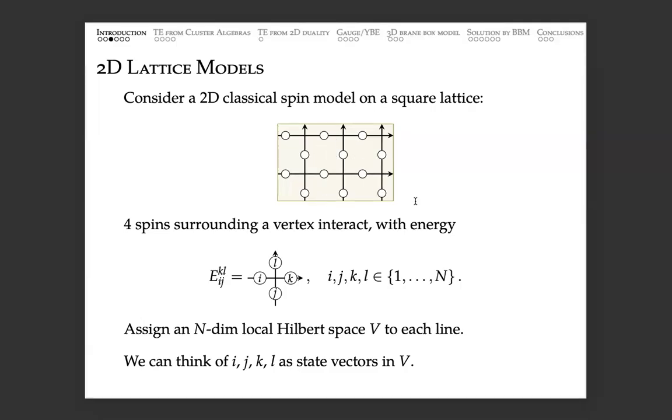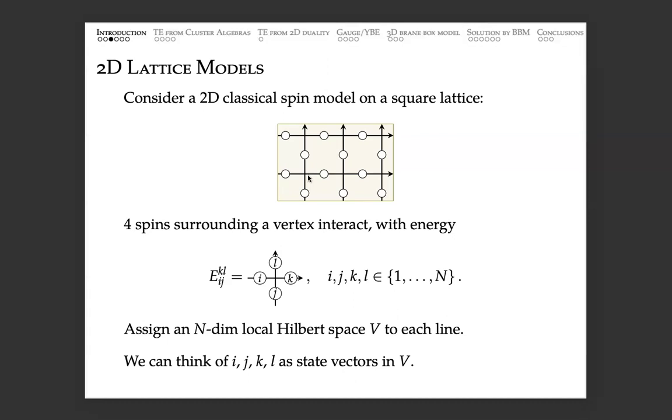Now I'm going to consider something called the vertex model. These spin variables live on the edges, and four of them surround a single vertex. Each vertex is surrounded by four spins, and they interact around the vertex.